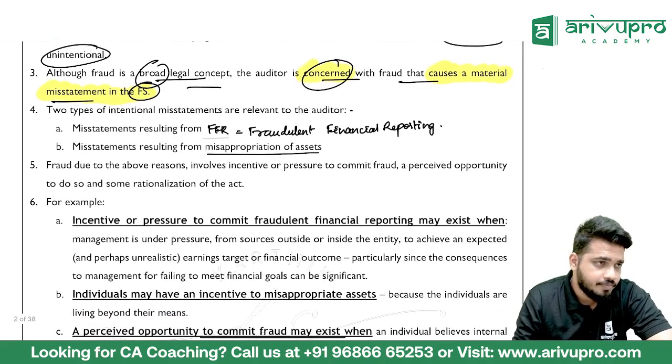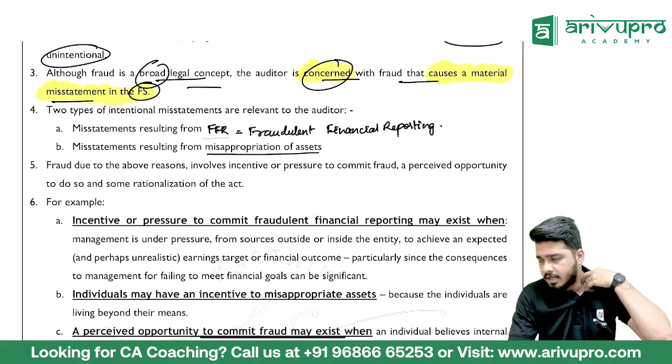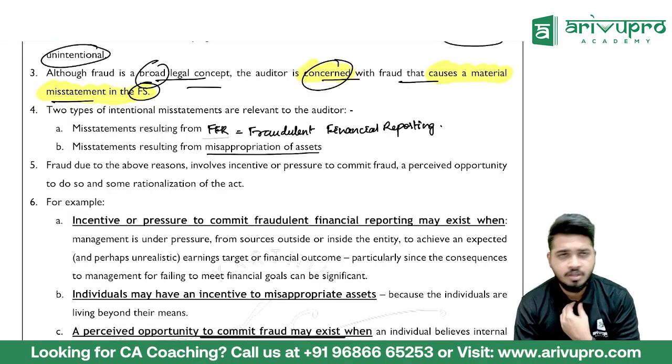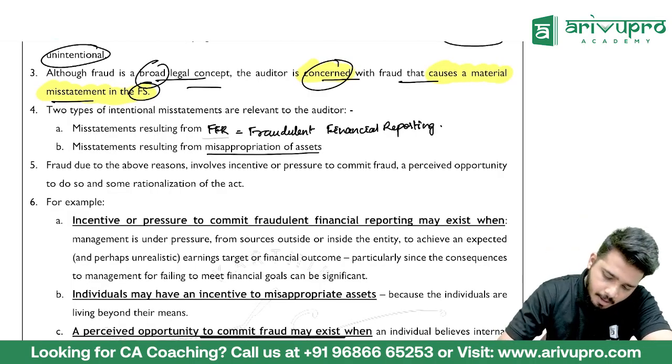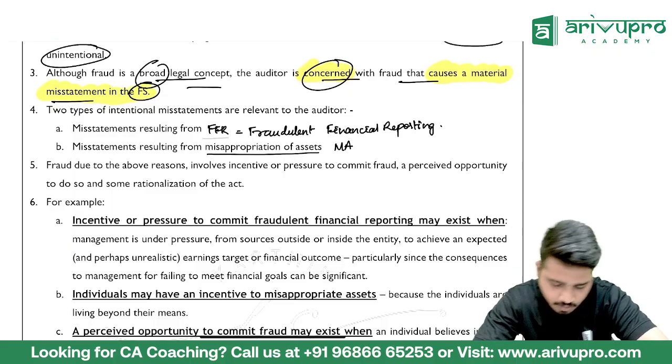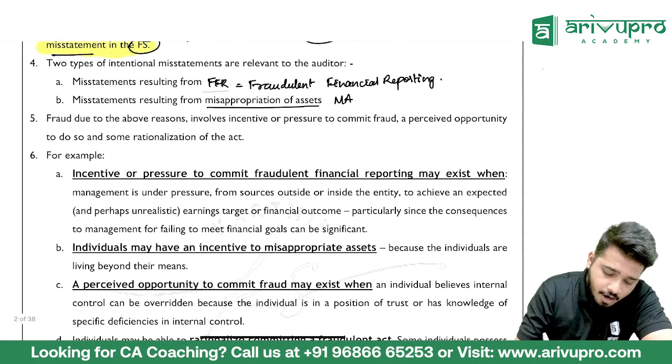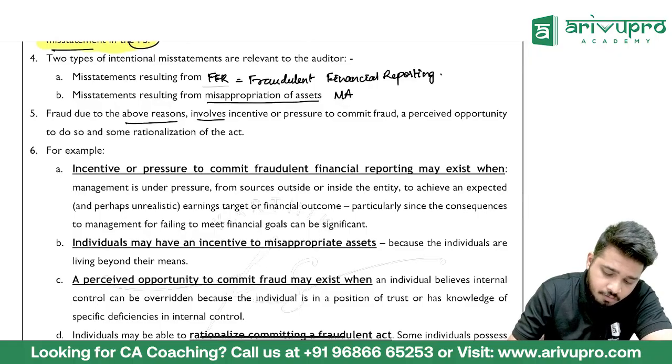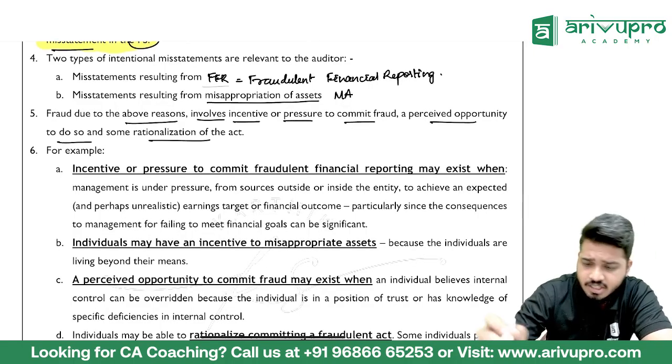So two types of intentional misstatements are there: one resulting from FFR, one resulting from misappropriation of assets. Now, fraud due to the above reasons involves incentives or pressure to commit fraud, perceived opportunity to do so, and some rationalization of the act.